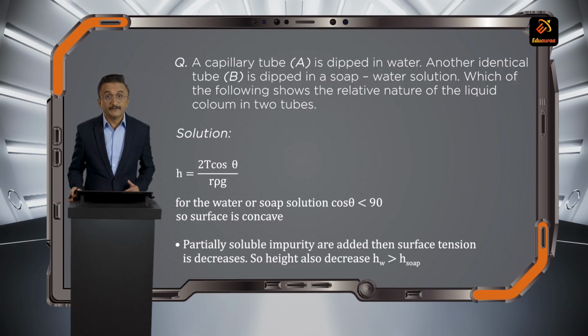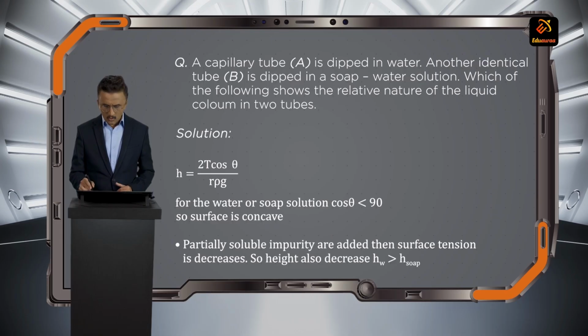And as the surface tension decreases, the height should decrease. So I can say the height of the water column must be greater than the height of the soap solution. Why? h = 2T cos theta upon r rho g.